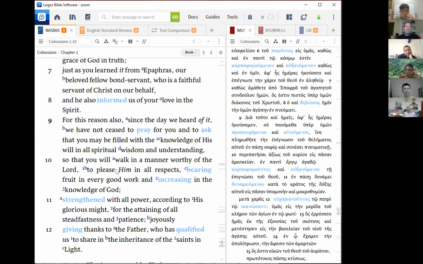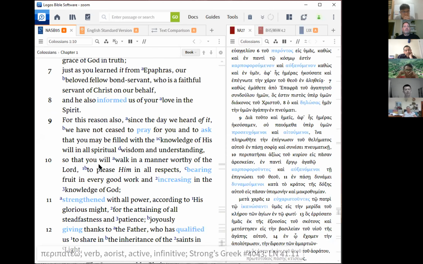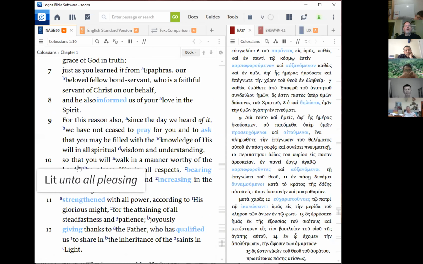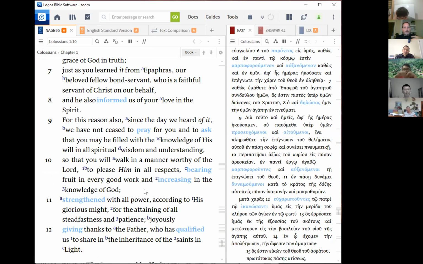That's implied in the passage. They just wrote it out explicitly to make it clear to the reader, but in the original Greek, Paul did not add that pronoun "him." He just said, literally, I think, "unto all pleasing." All right, but in English, that's a little harder to understand. So they put "to please him" in order to make it a little more clear when you read it.